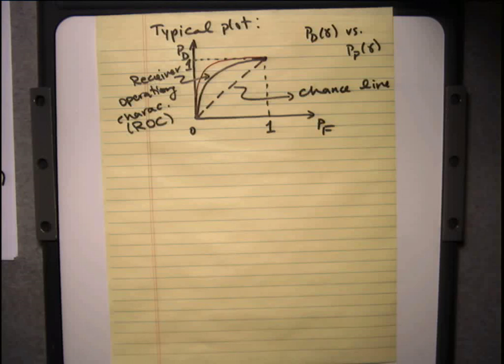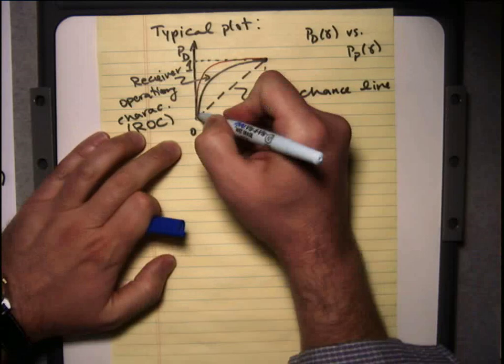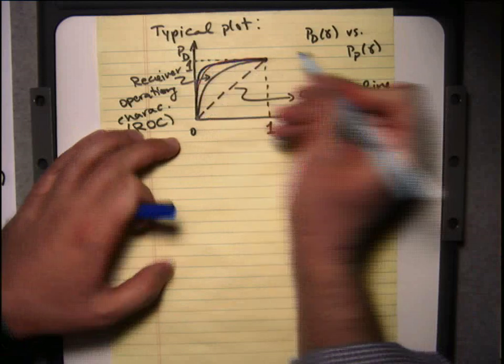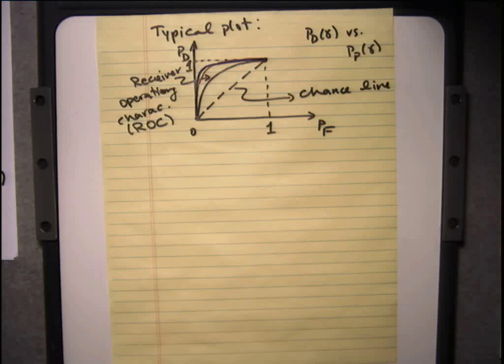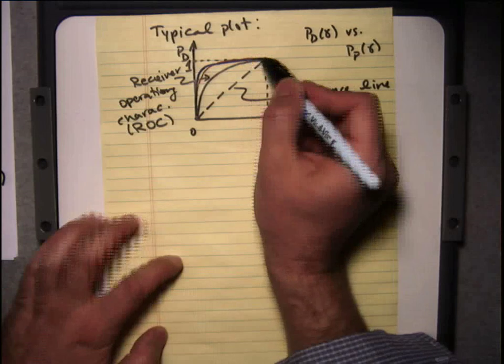Now, sometimes it happens that you get something that will do something like this. So the red and the blue will intersect each other, and what I meant to draw here, I don't know if you can see it, is that up here the red is slightly higher than the blue.